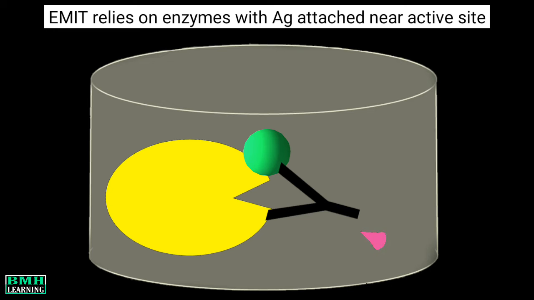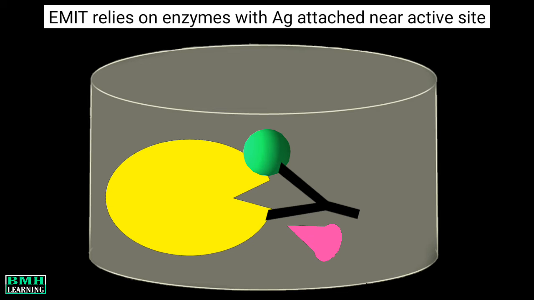The effect is such that the substrate cannot bind to the active site anymore. So, because it's not going to fit into that location, it would not change color. So that means when antibodies are blocking the active sites, there is no change in color.